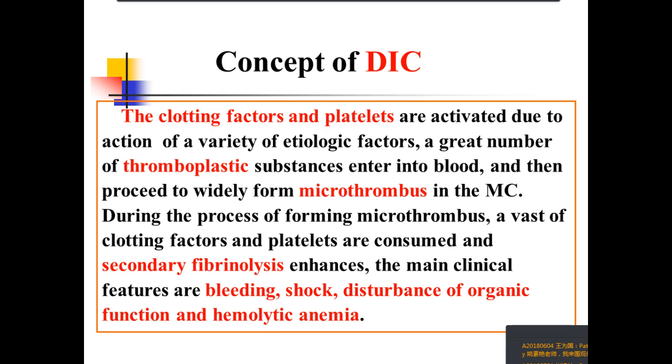Next, coagulation function decreases and there is hyperbleeding. Now, from the definition, we know DIC must first have coagulation function increase. So the etiology of DIC must lead to coagulation function increase.